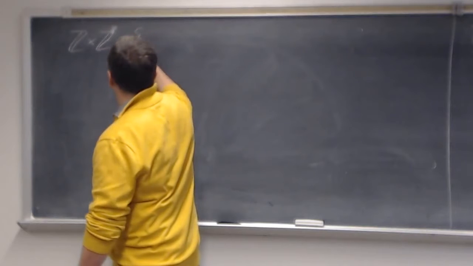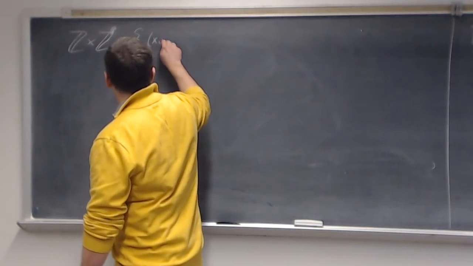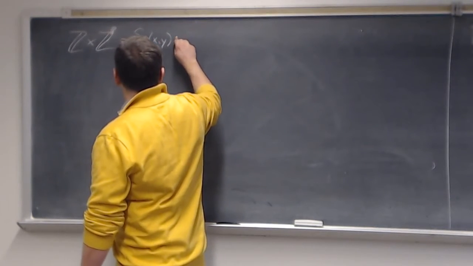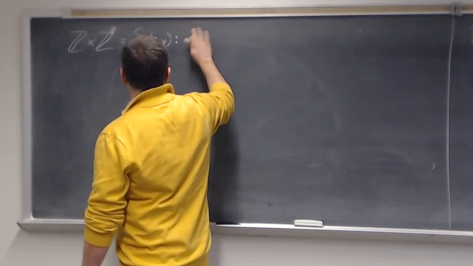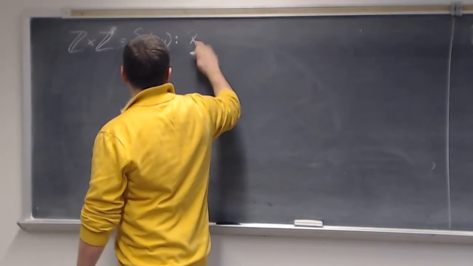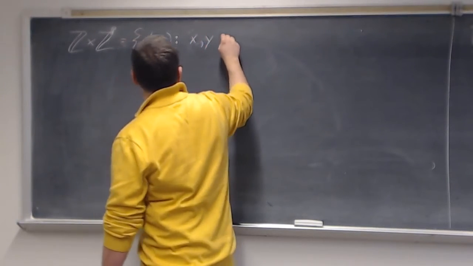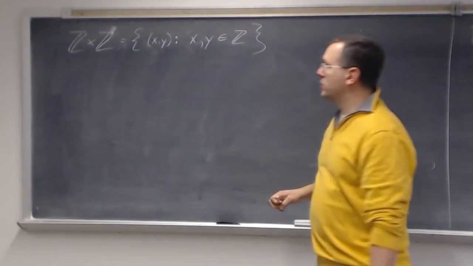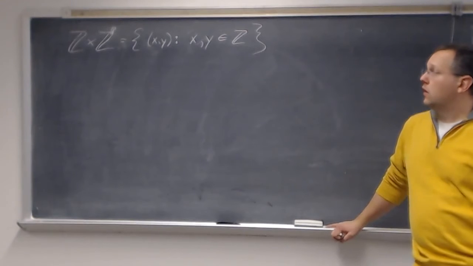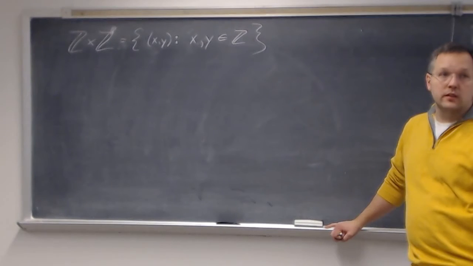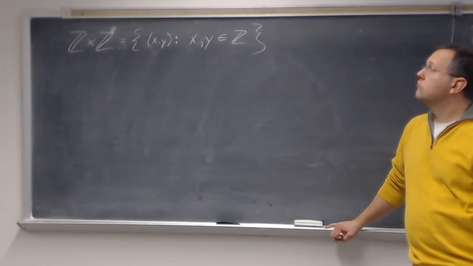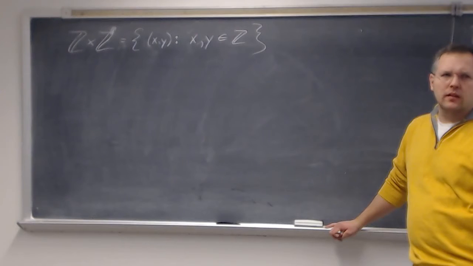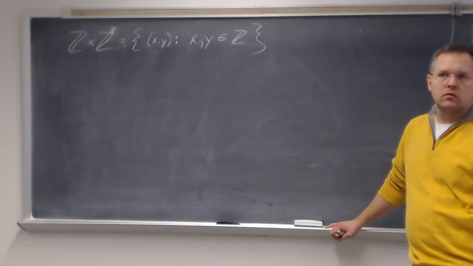By definition, it's the set of all points x, y such that both coordinates are integers. A set of all points x, y such that x and y are both integers. So what does this set look like if you were to graph it?